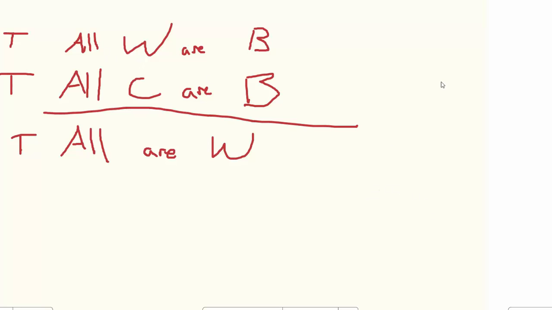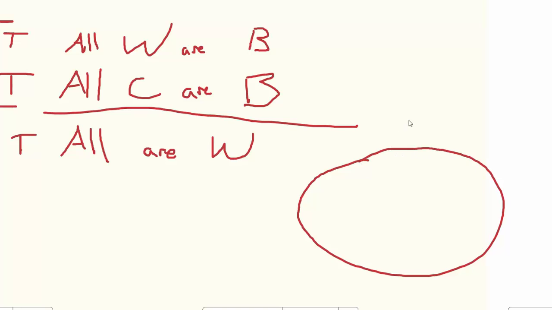But notice, based on just this information, these two premises here, for all we know, we could have a world in which we have our category of beverages, our category of wine, and our category of Chardonnay. And notice that these don't overlap at all.